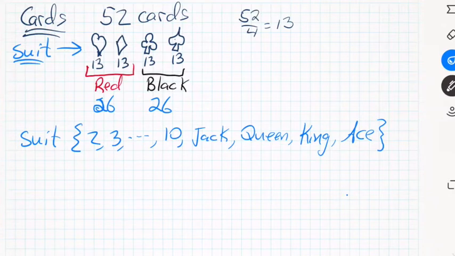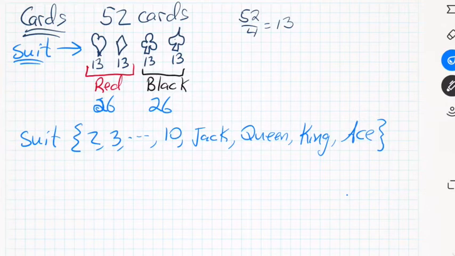All right, so the 13 cards inside of the hearts are the 2 of hearts, the 3 of hearts, all the way up to the 10 of hearts, jack of hearts, queen of hearts, king of hearts, ace of hearts. And the same thing for the diamonds, the clubs, and the spades. So these are the breakdowns of the suit.